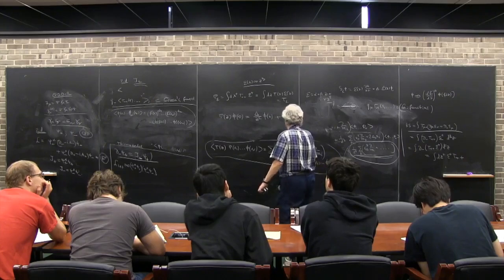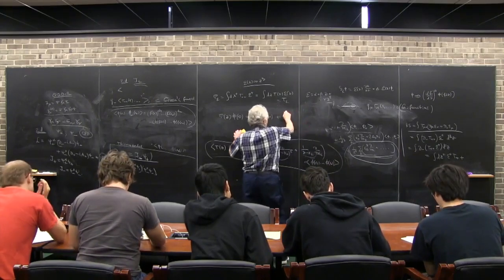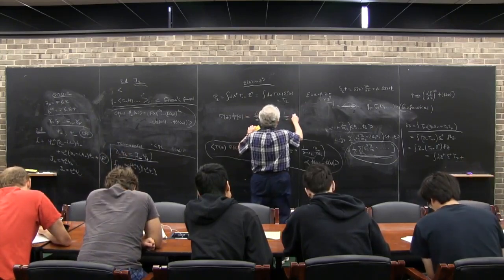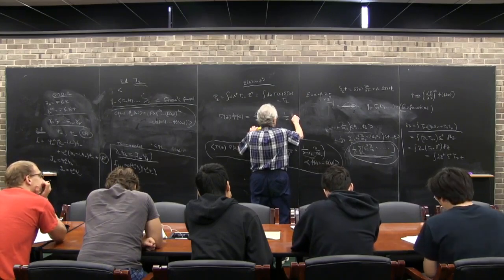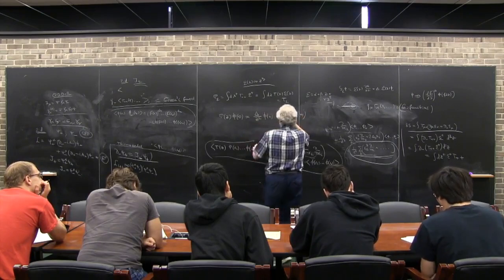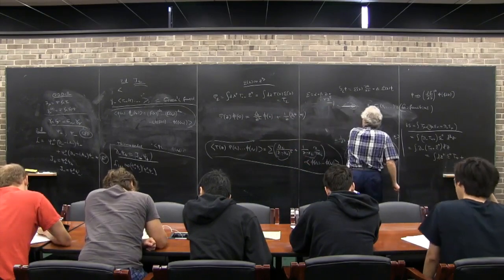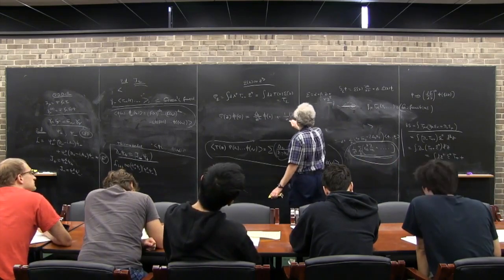Now we take a less singular term. We get this thing. And now we get the term, so it's 1 over z squared, 1 over z.